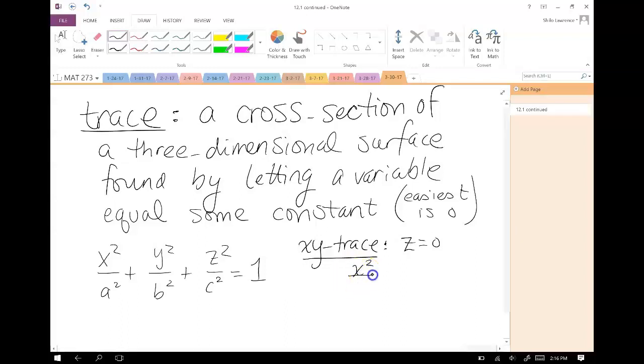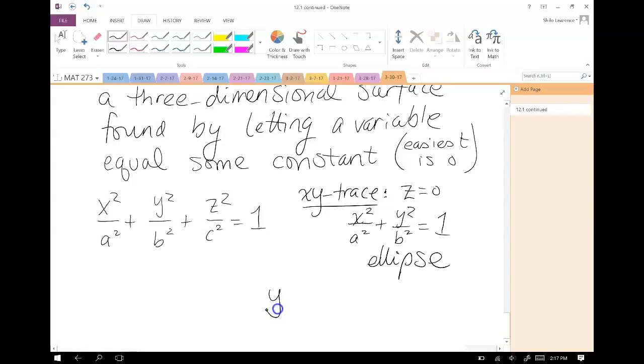We're left with x squared over a squared plus y squared over b squared equals 1. And what is that? If we were to graph that, what would it create? An ellipse. If a and b were not the same, it would create an ellipse. So when we slice this thing and we look and see what it looks like in the xy plane, it looks like an ellipse.